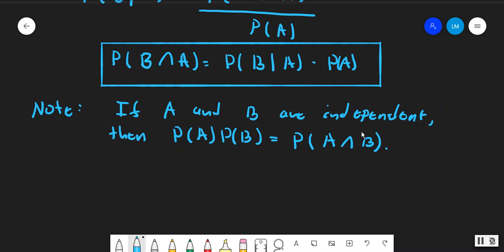If A and B are independent, then their product is just equal to the intersection.